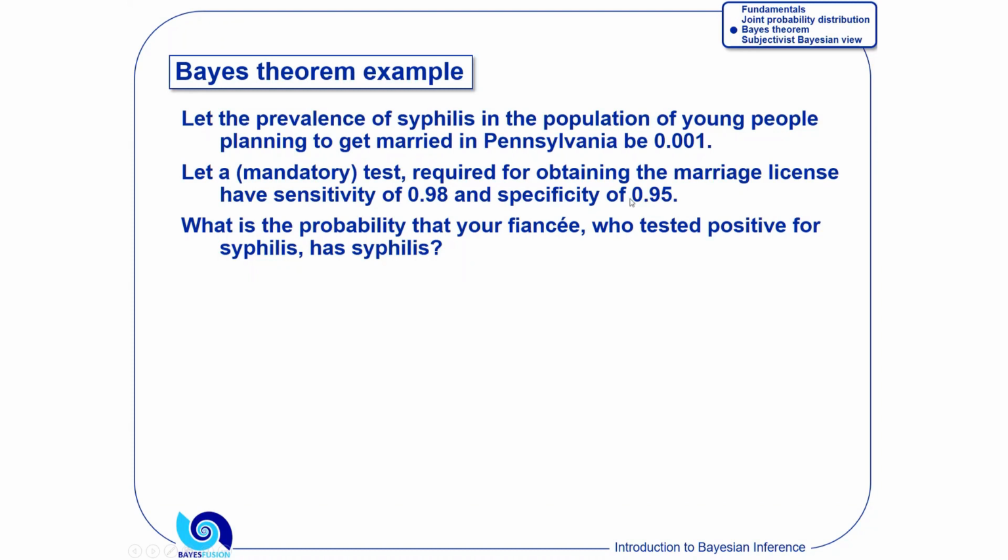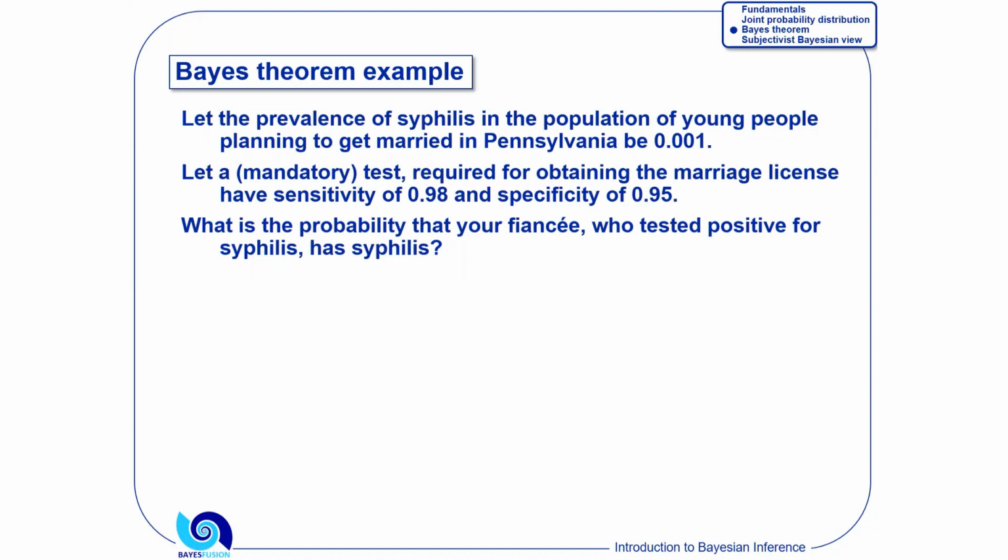Specificity is the probability that a healthy person will test negatively, also quite high. So now our fiancé comes back from the doctor, looks kind of funny, smiling, and says, well, look, I have a positive test result. Now, what is the probability that our fiancé actually has syphilis?